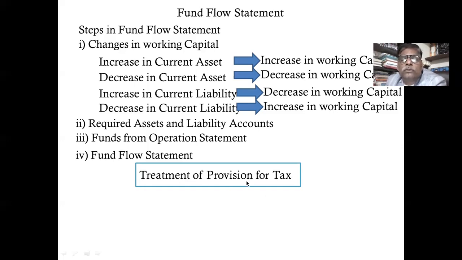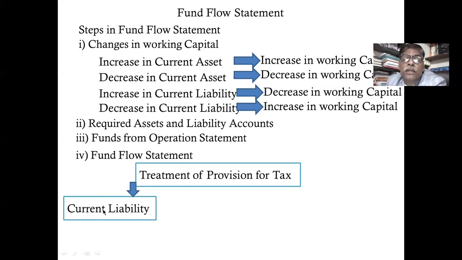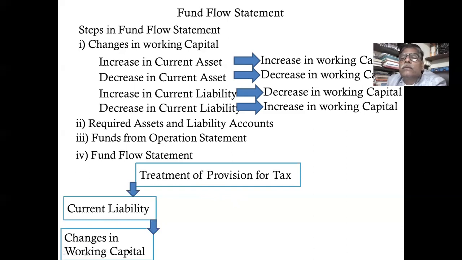This provision for income tax may be treated as a current liability. If you treat this as a current liability, then you take this item, provision for income tax, in the changes in working capital statement.